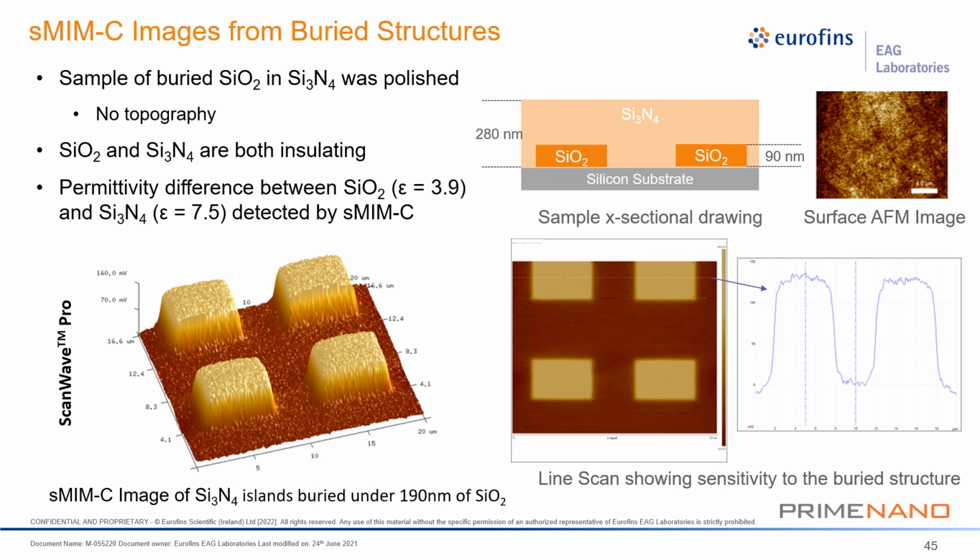Although the AFM sees really no difference in the topography, the SMIM clearly identifies the regions of silicon oxide within the silicon nitride. This kind of information may be important, especially in dealing with complex surface structures that might be present, say, on your micro LEDs. So you can actually get information from below just the surface itself, which could be very useful.